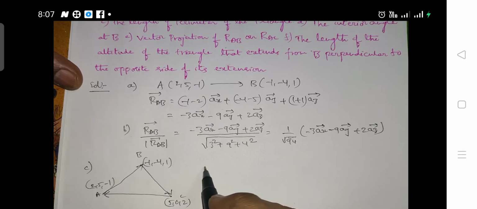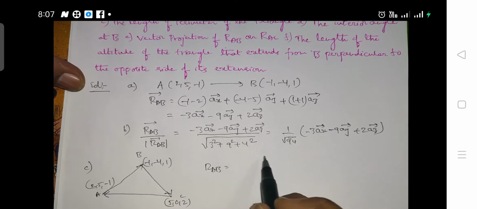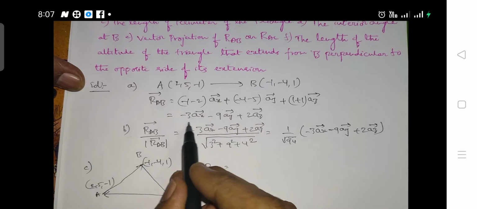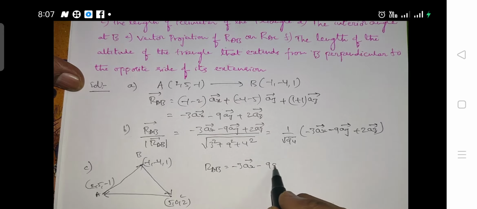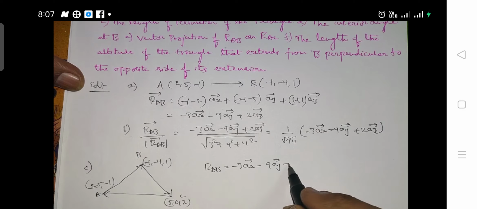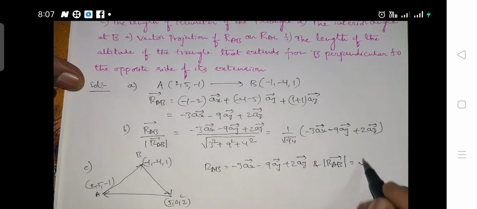For that we have to find the vectors. RAB, already calculated, is equal to -3 ax bar minus 9 ay bar plus 2 az bar, and the magnitude of RAB is root of 94 units.